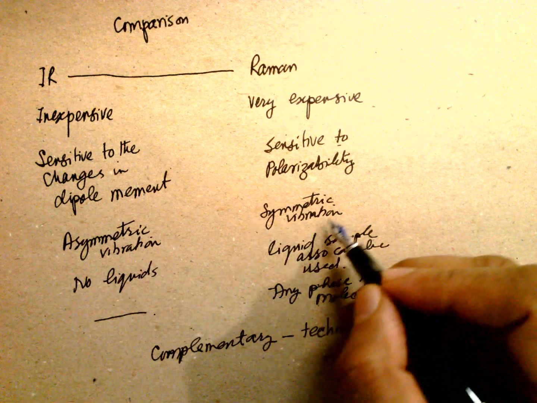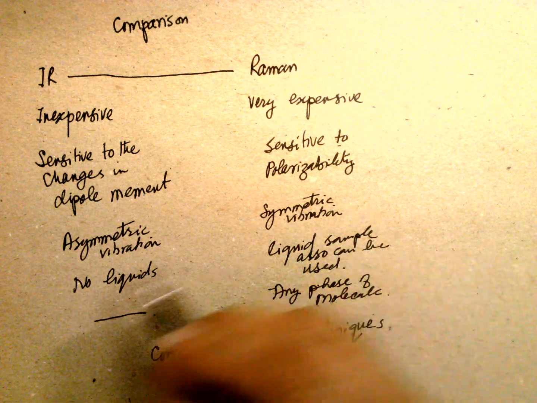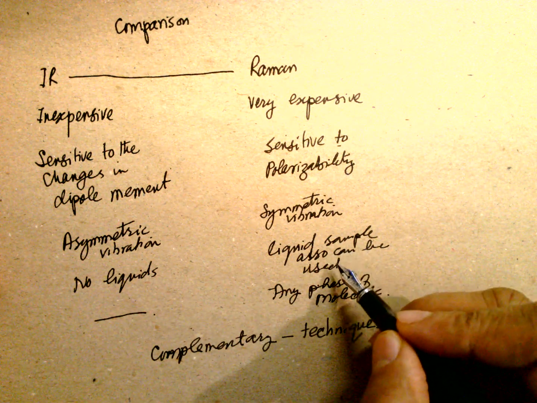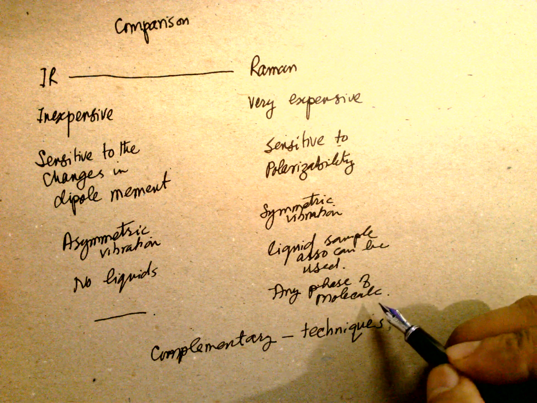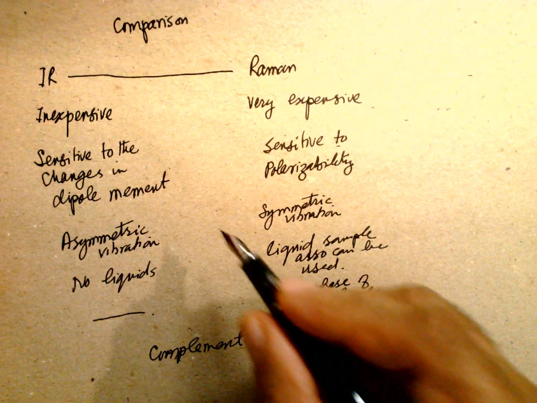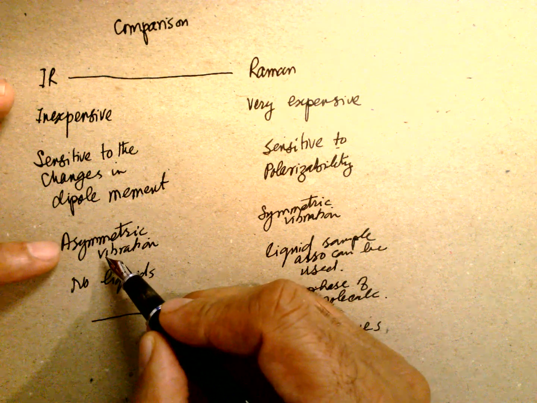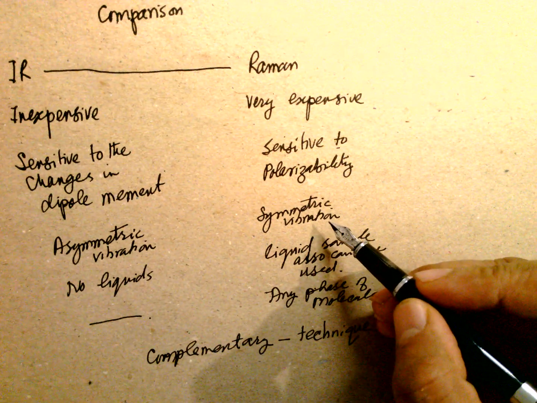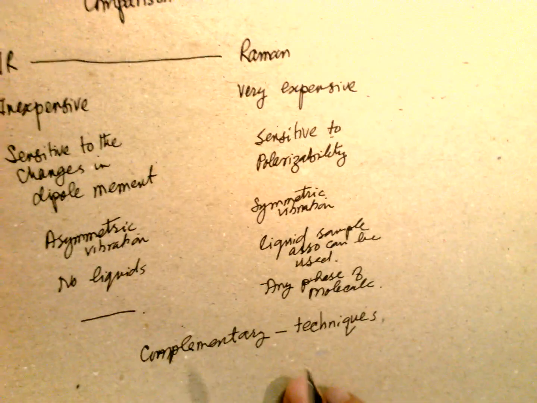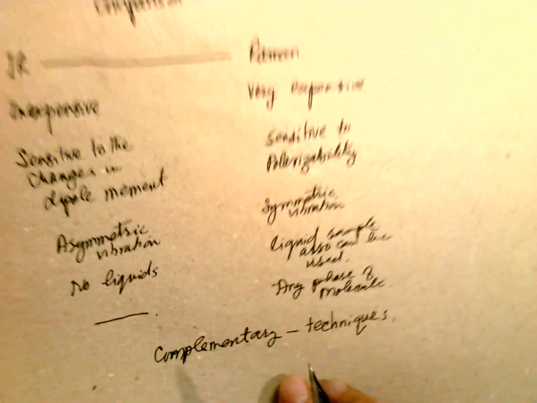IR is no good in a liquid, while Raman is good in a liquid as well as any other phase of the molecule. So both are complementary techniques. One is useful for the asymmetric, another one is useful for the symmetric vibration. So this is about Raman spectroscopy.